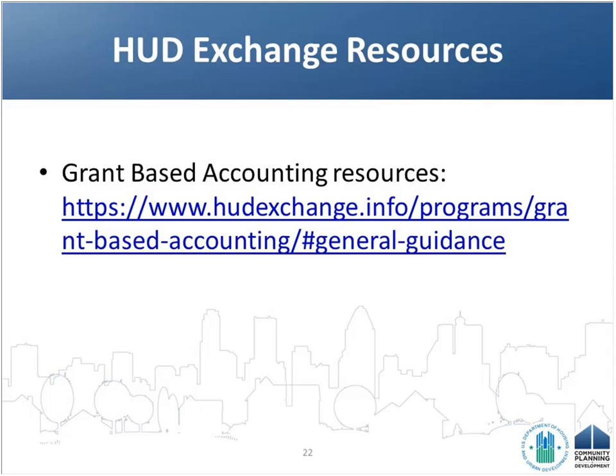So you will repay funds in the line of credit to the 2015 and 2017 grants, and then you can use the 2014 grant for that overage. In other words, you can draw down from the 2014 grant to pay your admin and planning cost. Of course, you have to make sure, have your field office make sure you're in obligation test for all these years, 2015, 16, and 17, and possibly 2018.